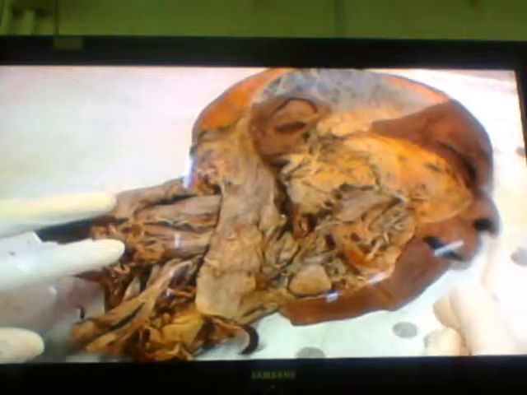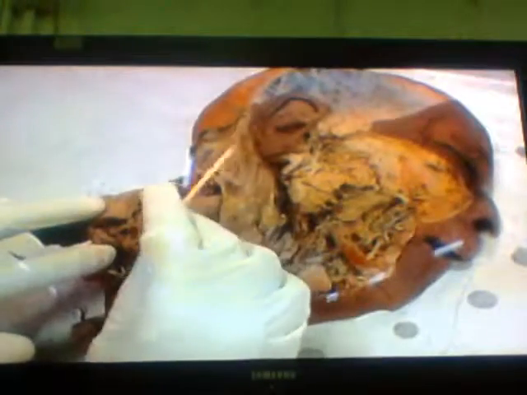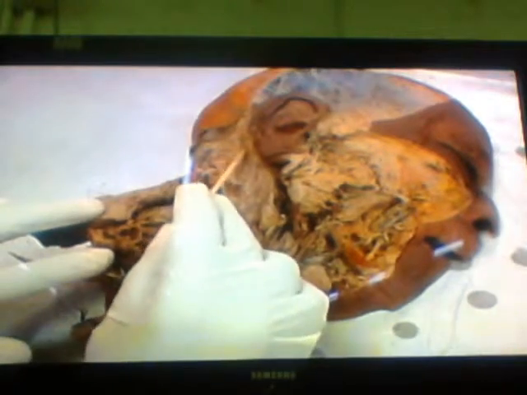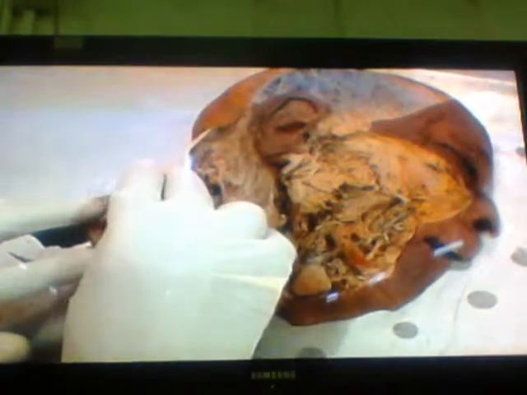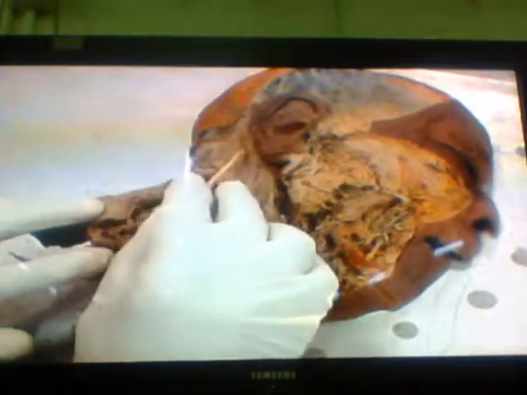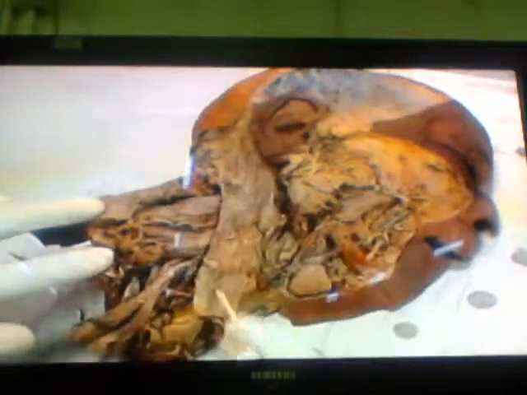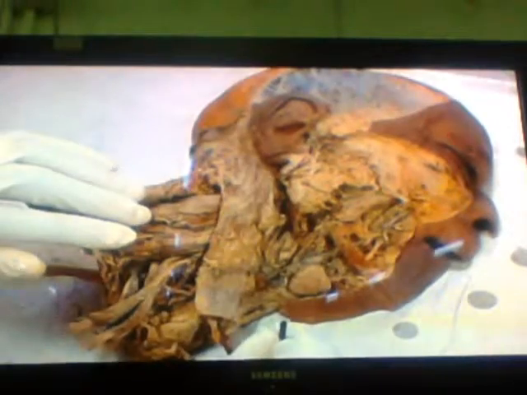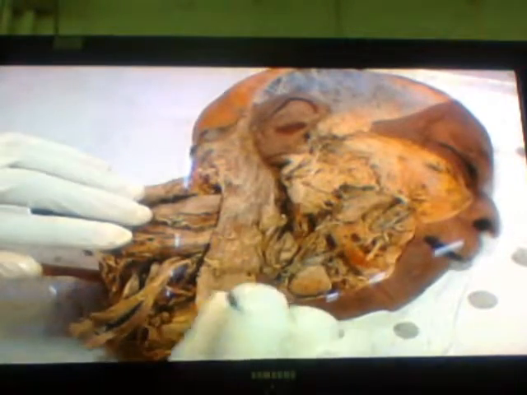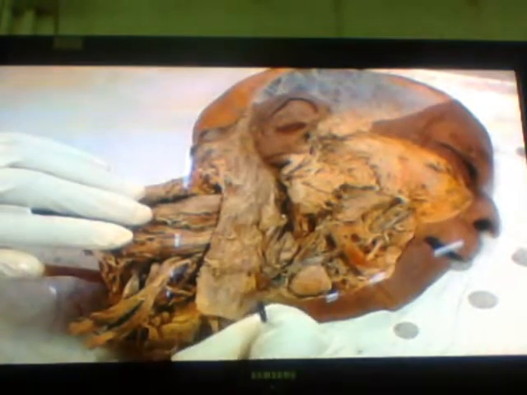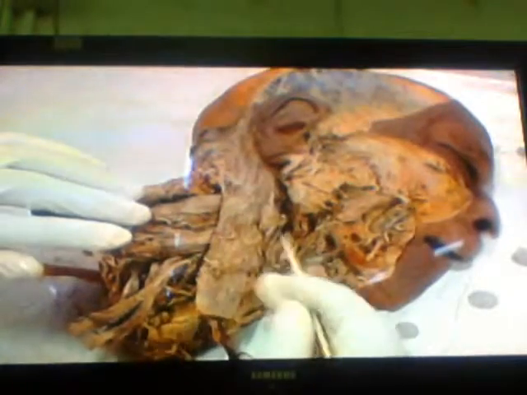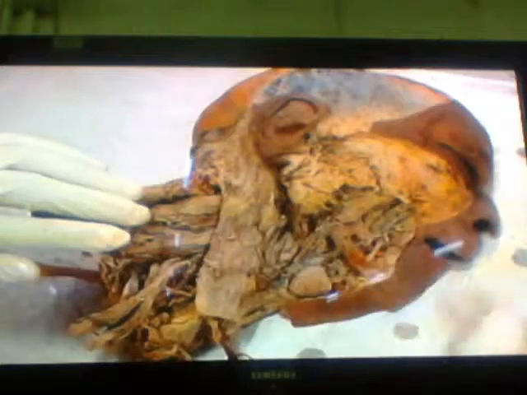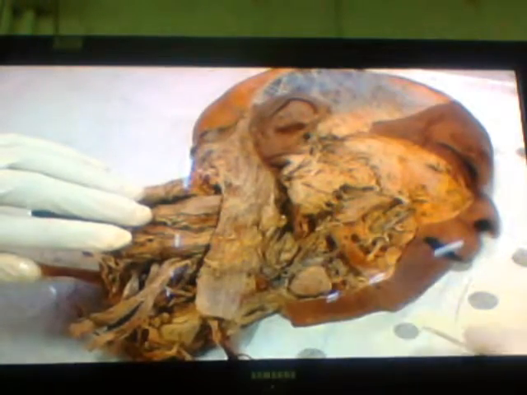The sternocleidomastoid superiorly has an attachment to the mastoid process and to the lateral 2/3 of the superior nuchal line. Inferiorly, it's attached to the manubrium, and that connection is tendinous, and then laterally there is a connection to the medial third also of the clavicle.